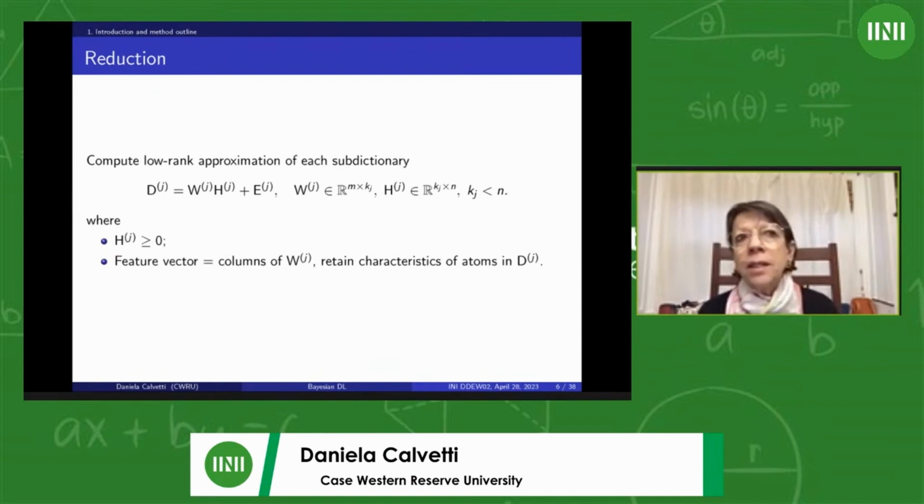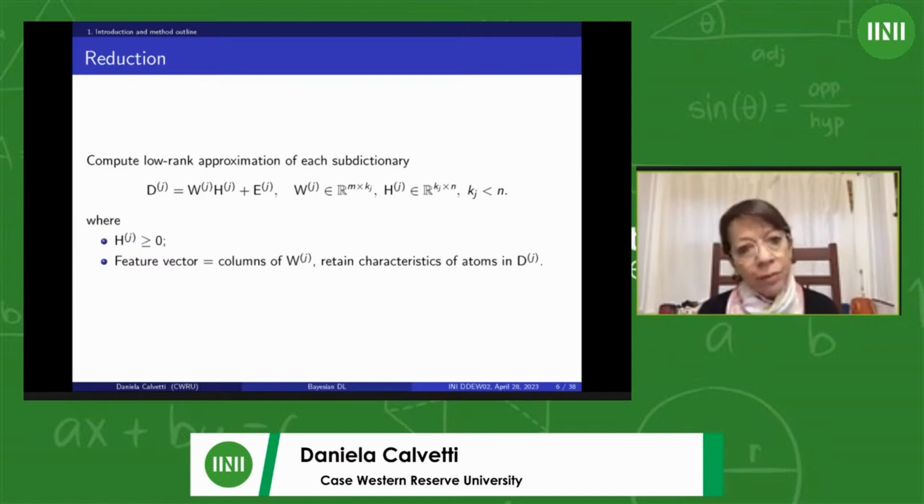In some ways, it will depend on the computational resources that we have. We may have a maximum number that we can allow, in particular if every atom is high dimensional, but it will also depend on the true rank of the subdictionary.